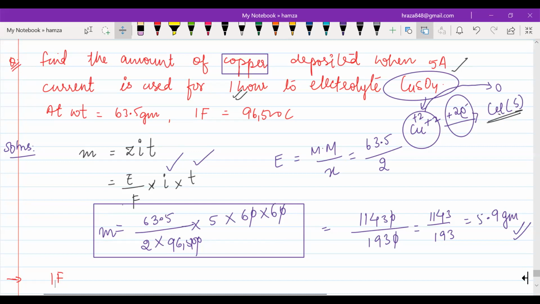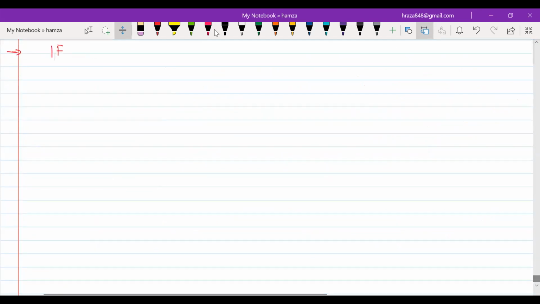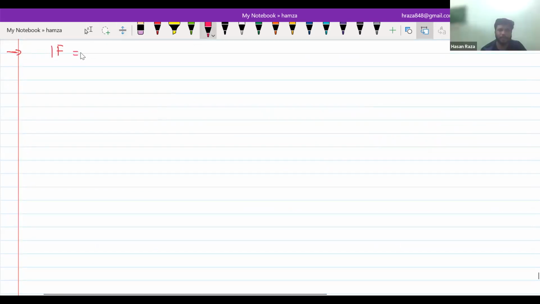Very good. 1 Faraday is actually approximately equal to 96,487 coulomb. For calculation, we take approximately 96,500 coulomb. Now, since I'm writing coulomb, that means this is the value of charge.